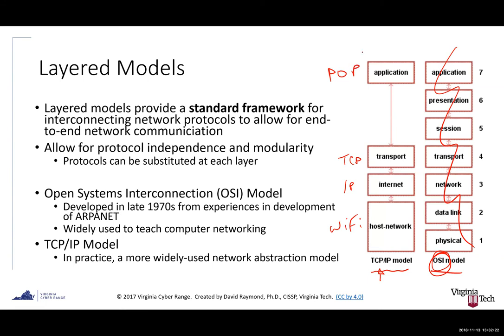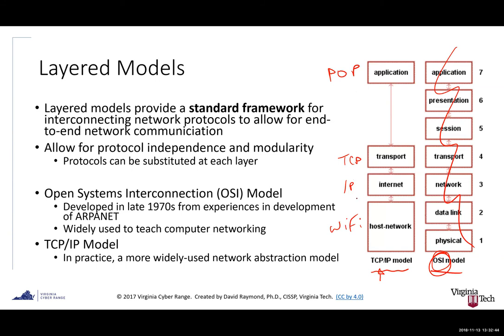POP stands for Post Office Protocol. So POP protocol is one of the client-side email protocols. And POP is going to communicate from my email client, Outlook, to the email server, which could be whatever, Exchange. But at the lower levels, POP is still going to use TCP, IP, and Wi-Fi to make that communication, right?